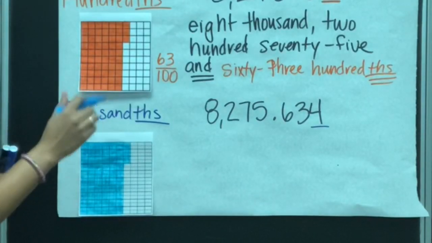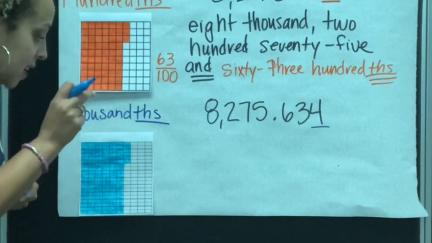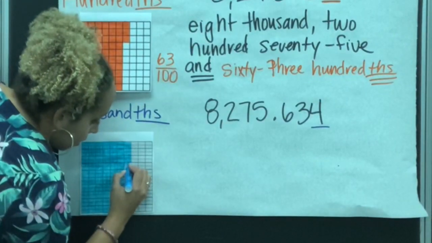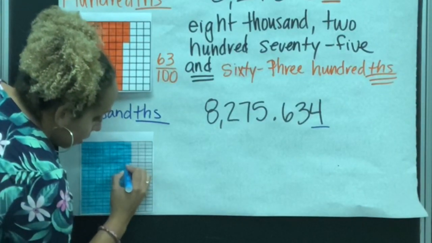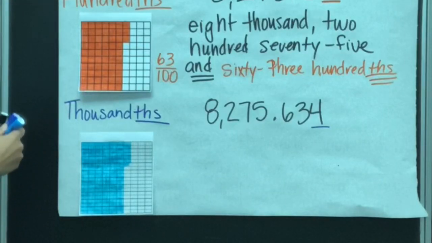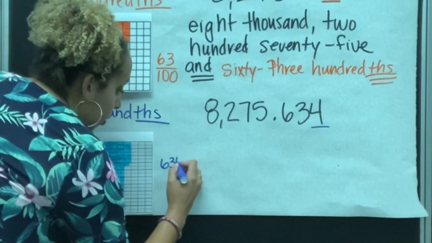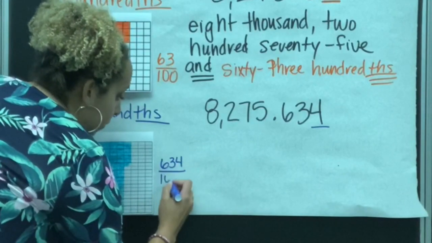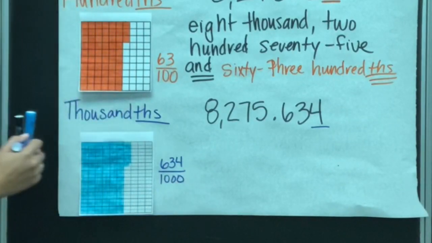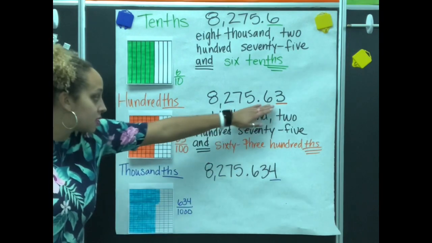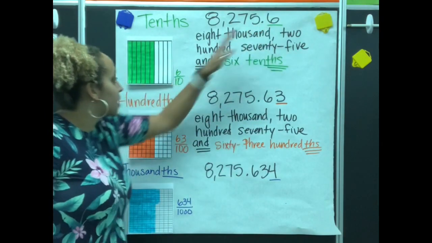But now I need 4. So I'm going to color in 4 tiny little guys. Just like that. Now I have 634 out of 1,000 pieces. And that's what this decimal represents.